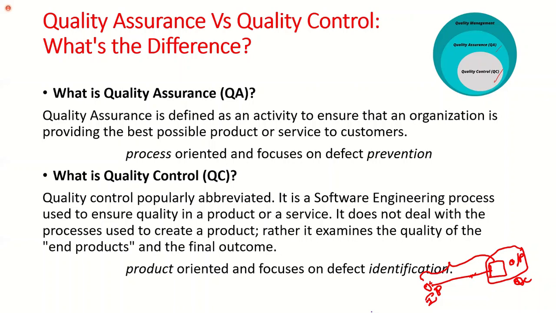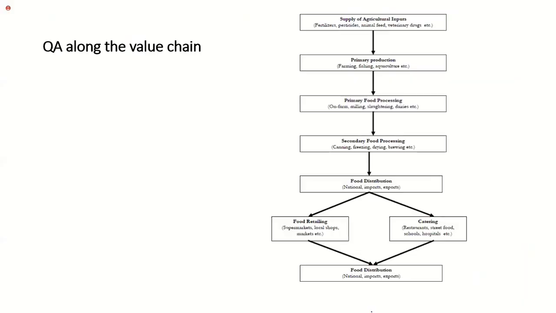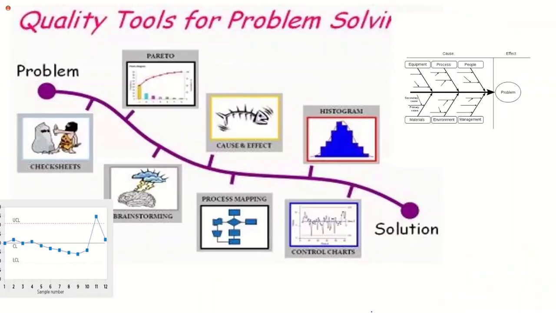If there are 100 units produced, there are 5 defective products. That quality control deals with that. So there are tools that we use for quality control, like histograms, cause and effect diagrams, or fishbone diagrams.